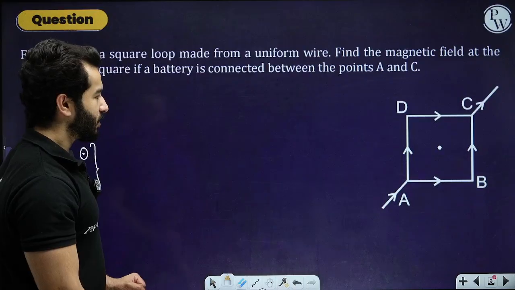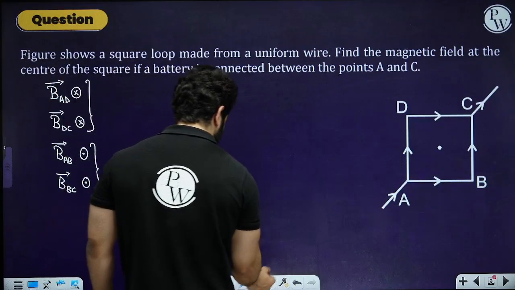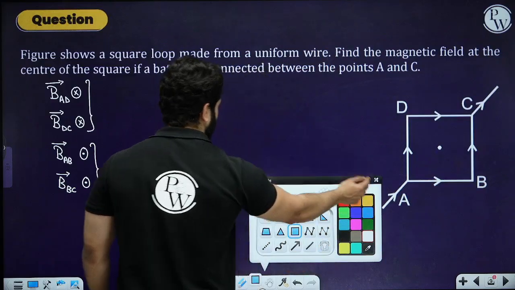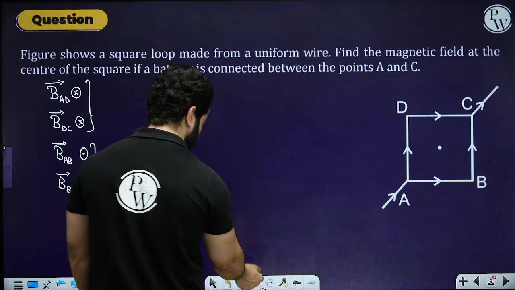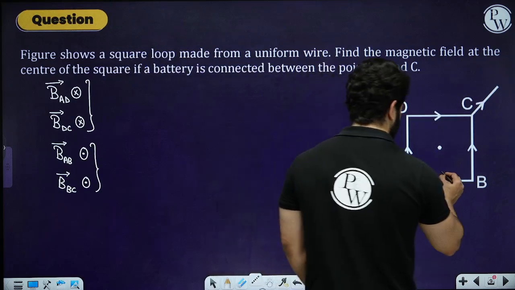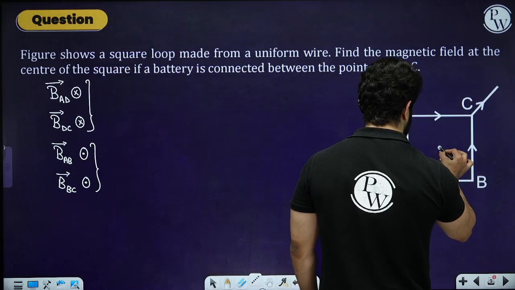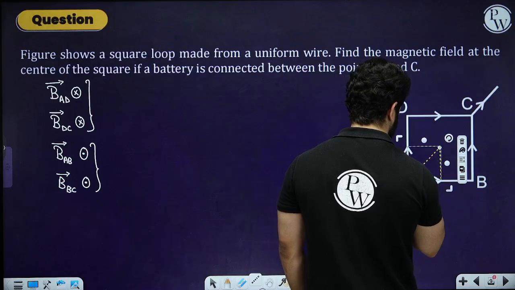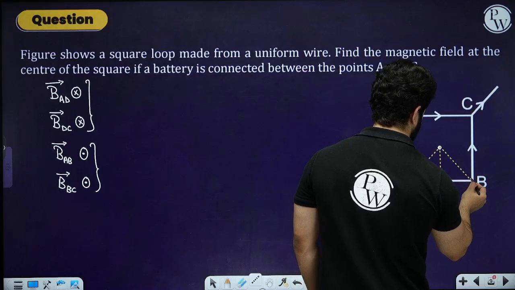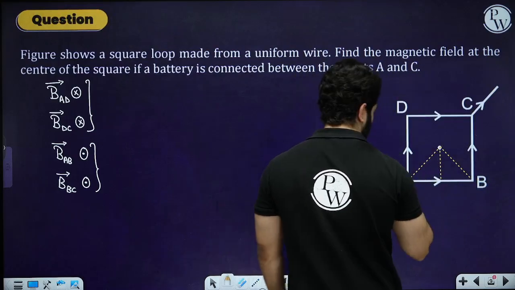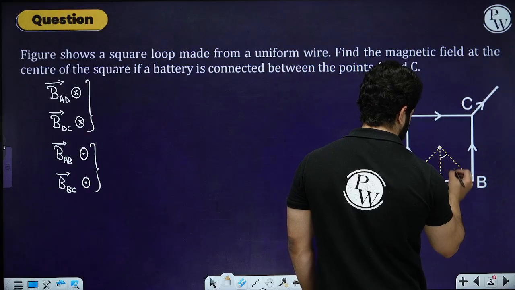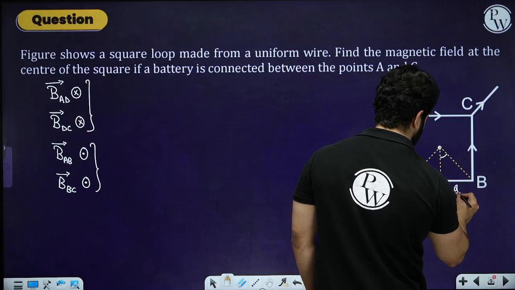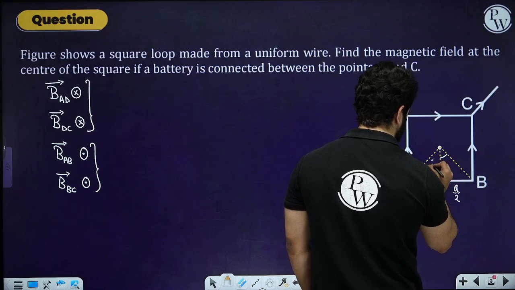Now please try to understand that if you have got a square loop, can we also draw the angles? Like for example, if I will only use this diagram, let's talk about these two angles. This is going to be a by 2. This is going to be a by 2.